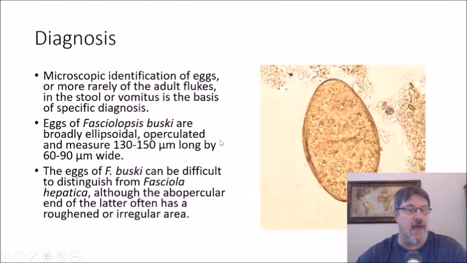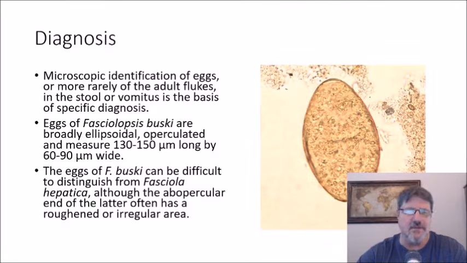Diagnosis: microscopically identifying the eggs, or more rarely, finding the adult flukes in the stool or in vomitus is the basis of a specific diagnosis. The eggs of Fasciolopsis buski are broadly ellipsoidal, operculated, and measure about 130 to 150 microns long by 60 to 90 microns wide. What does that sound like?